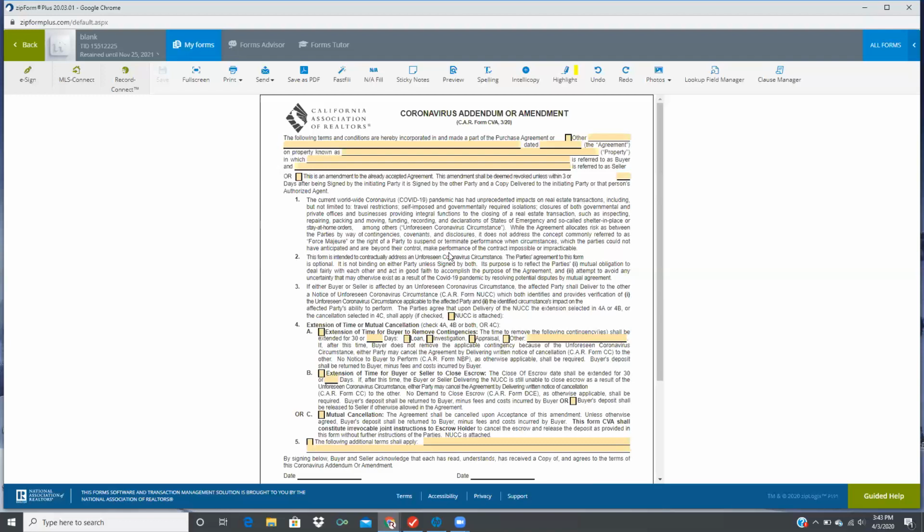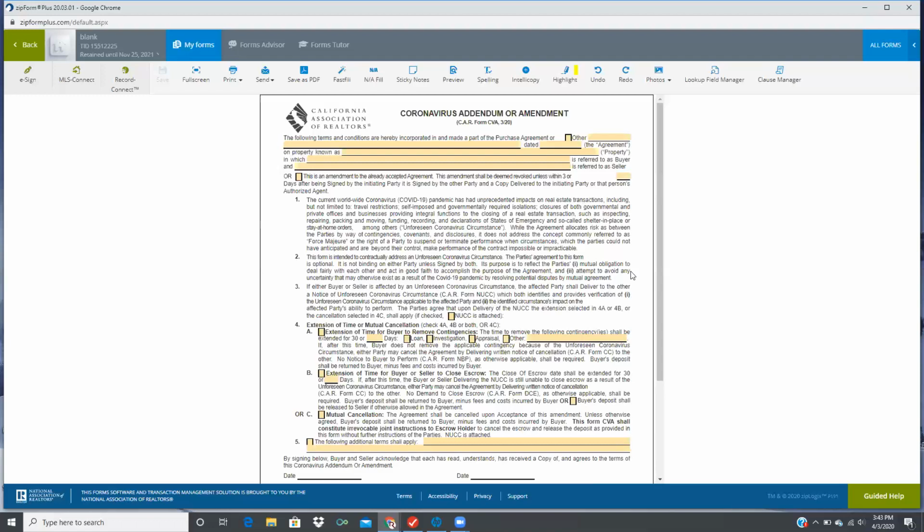So number 2, you'll see this form is intended to contractually address an unforeseen coronavirus circumstance. This is kind of setting the tone for transactions during this period. It says the parties' agreement to this form is optional.